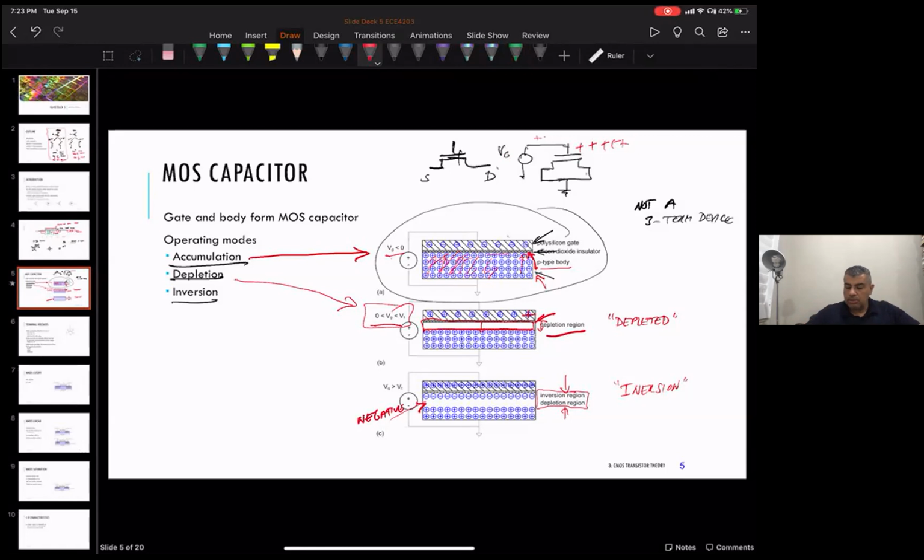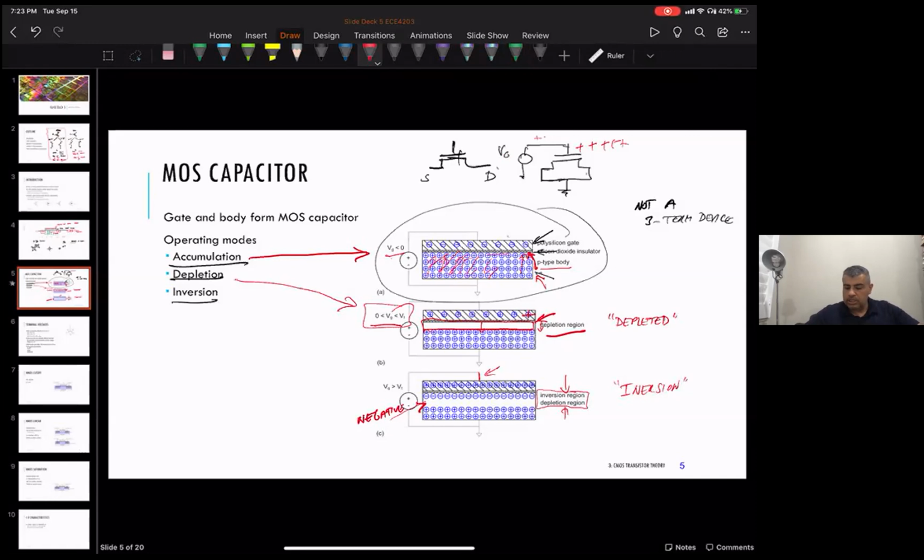Okay, but because we have an electric field, a plus electric field at the gate, it tends to attract the electrons that got generated as part of this generation recombination and repel the holes.